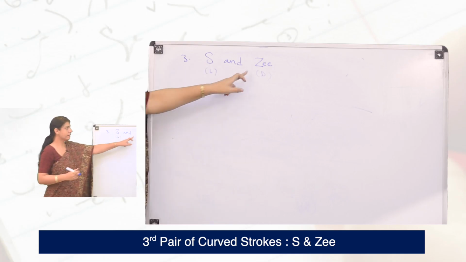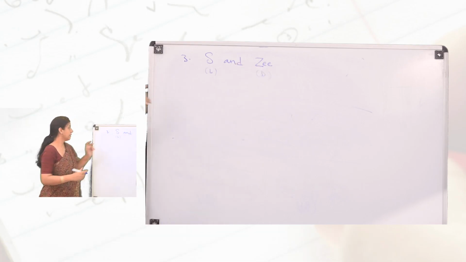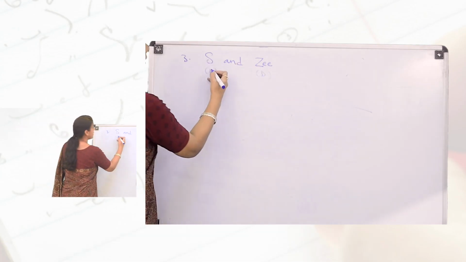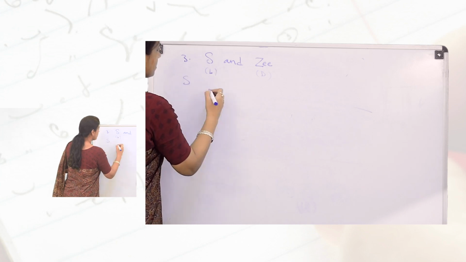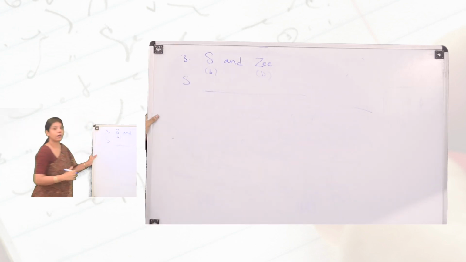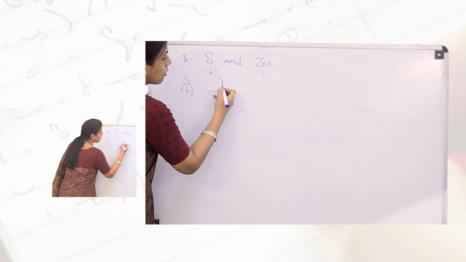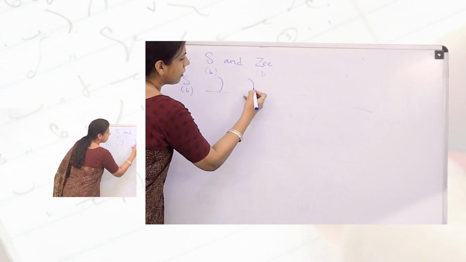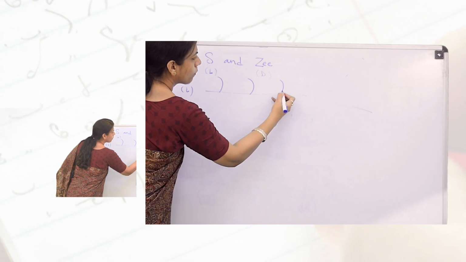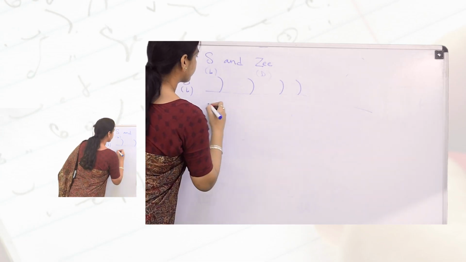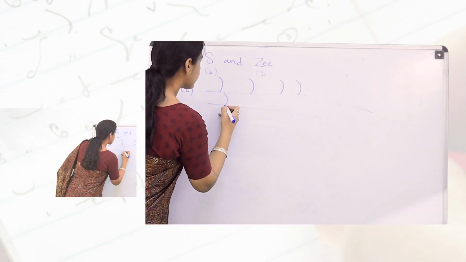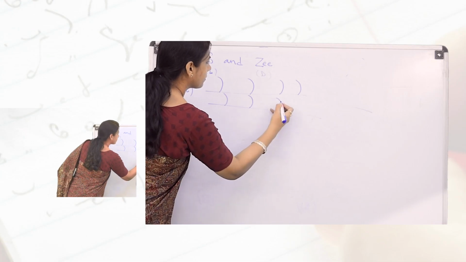Third pair, S and Z. S is pronounced lightly, so it is a light consonant. And just look at the outline on the board. S is written with the help of a curve from top to bottom, just like a closing bracket.